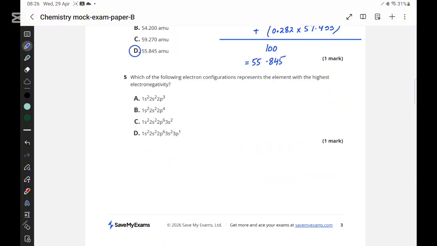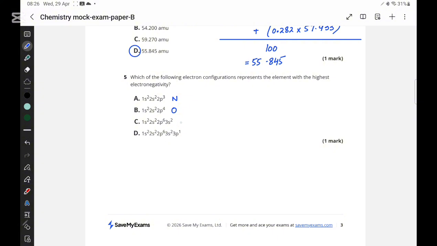So for the next question, which of the following electron configurations presents the element with the highest electronegativity? So these are having how many electrons? 2 plus 2 plus 3 is 7, so that is going to be nitrogen. 2 plus 2 plus 4, that is 8, so that is oxygen.